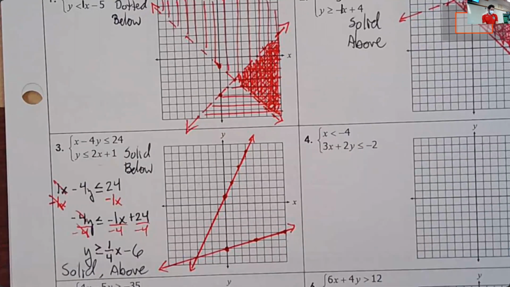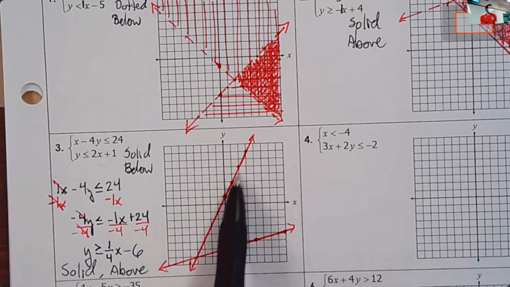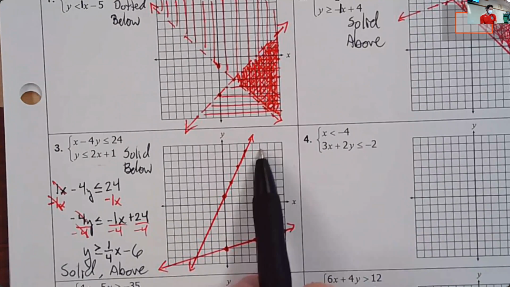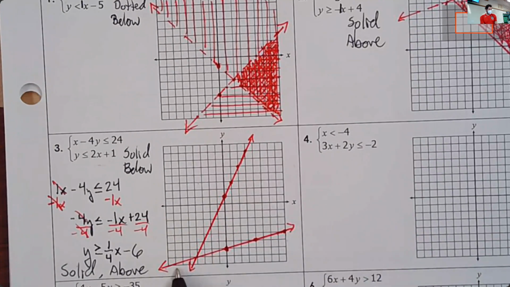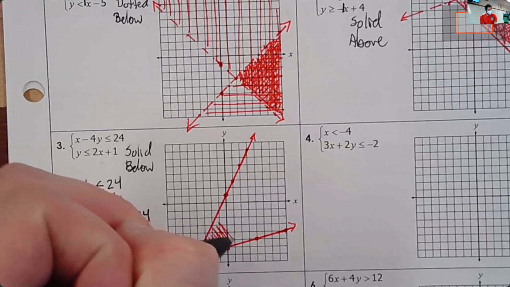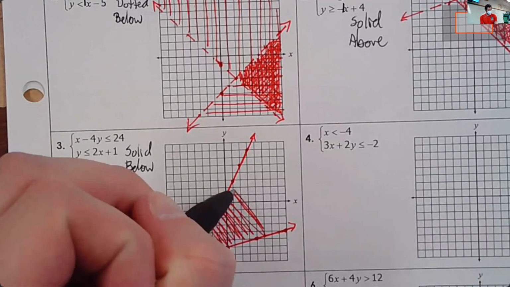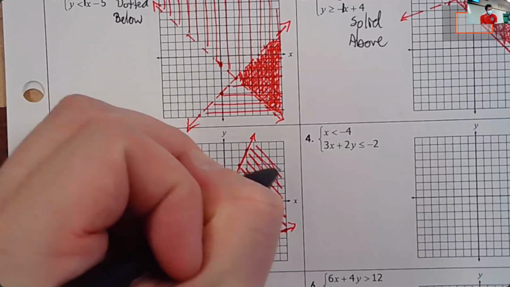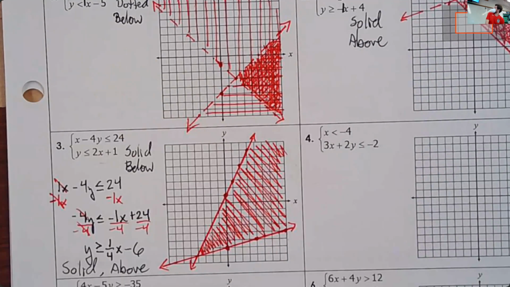And on that one, we are shading above the bottom line and below the top line. So if we're shading underneath the top line and above the bottom line, that's going to be the area in between over here. That's that portion of the graph right there.